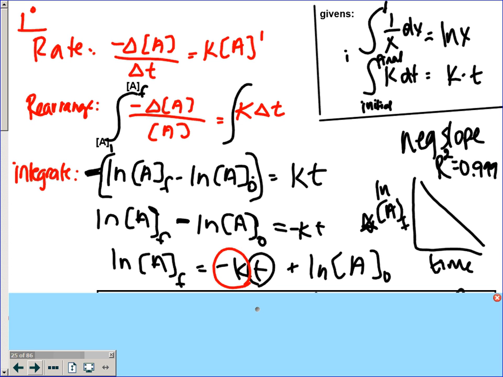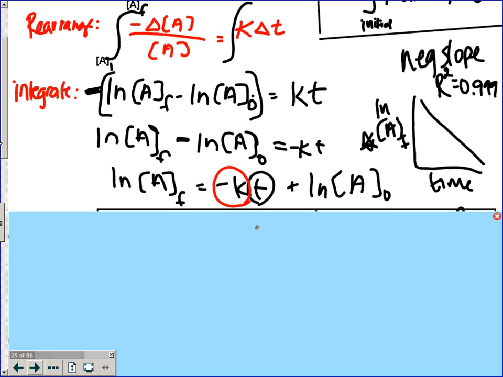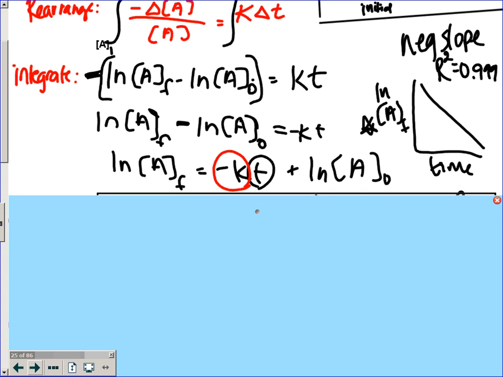Also, draw your graph. What have I graphed? What versus what? ln of A, where A is just my general reactant, versus time has a linear relationship with a negative slope, so I'm drawing a straight line with a negative slope. And I'm hoping my R squared is like 0.999.